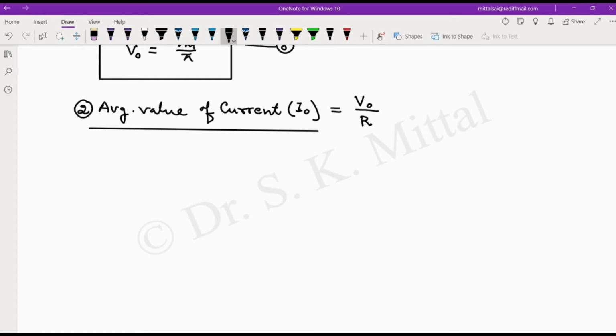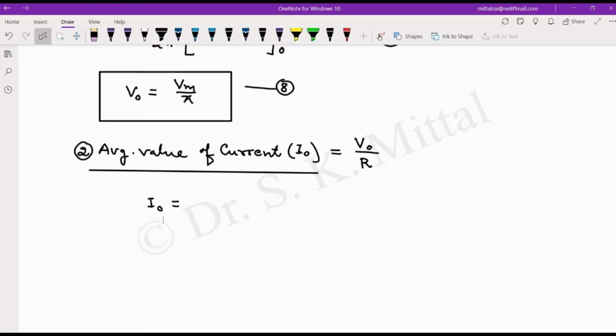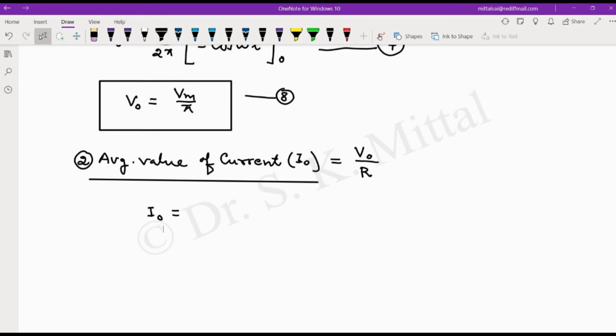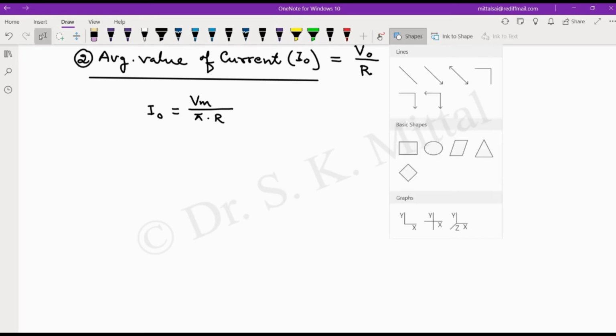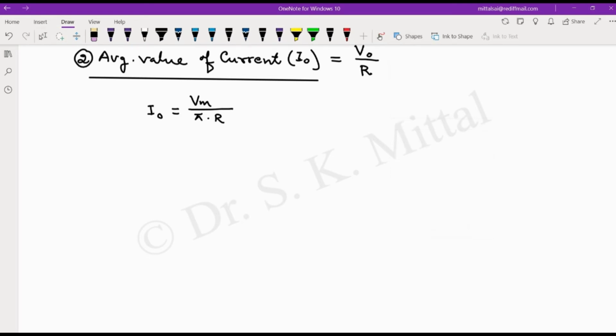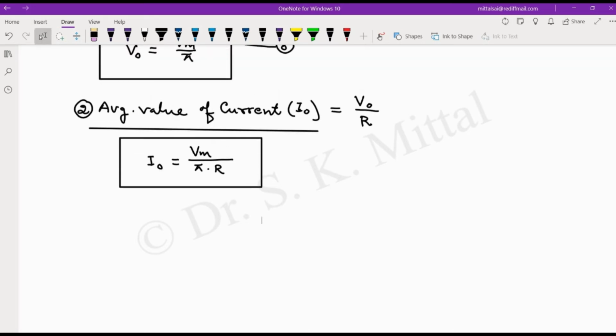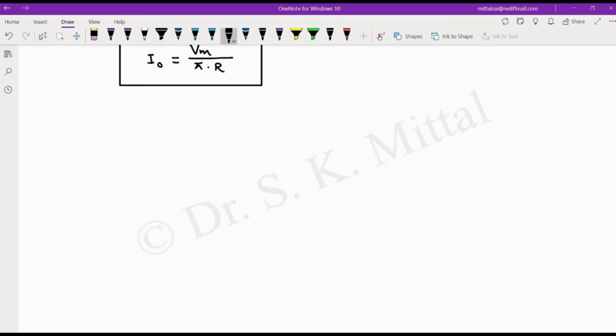And since the average value of voltage we have represented in equation number 8 as Vm upon pi, and it is divided by R. So this will be the average value of output current. This will be equation number 9.